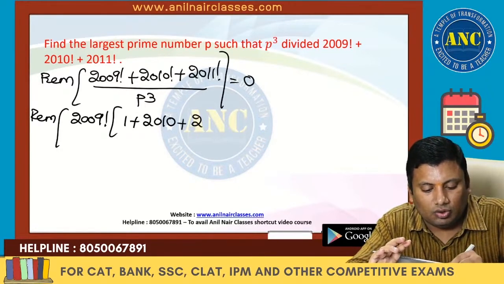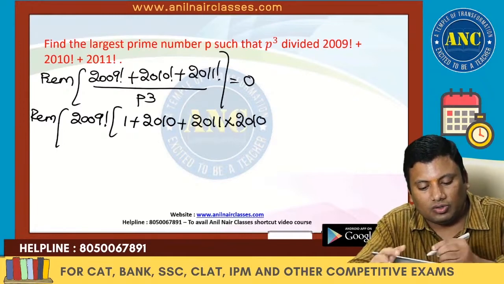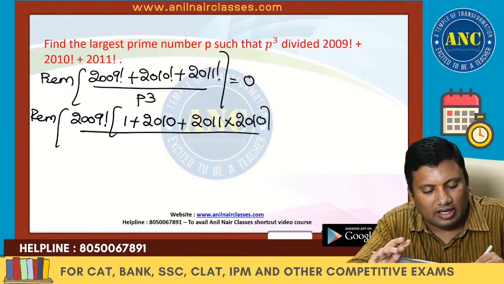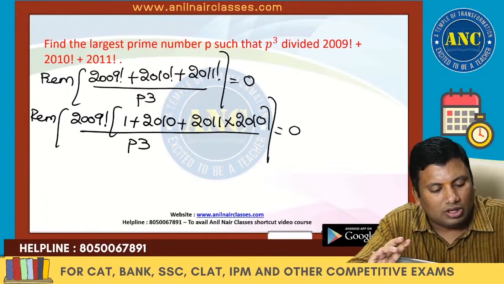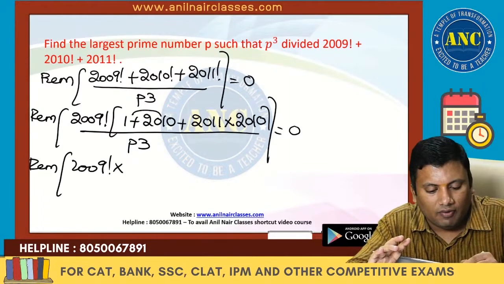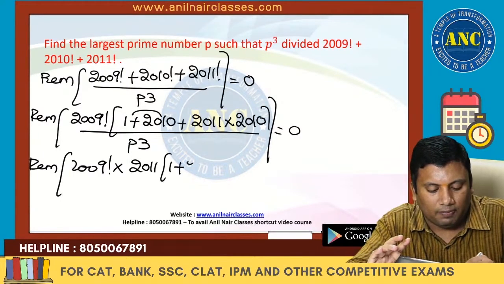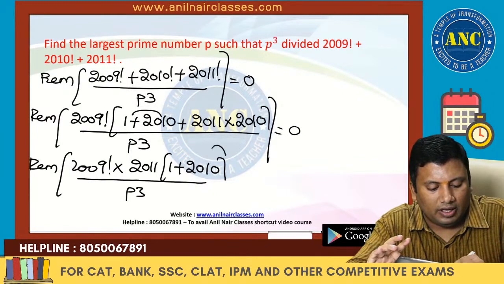It is 2011 into 2010 into 2009 factorial. Till here we got p cube. So 2009 factorial into 1 plus 2010 is 2011, into 1 plus 2010, divided by p cube.